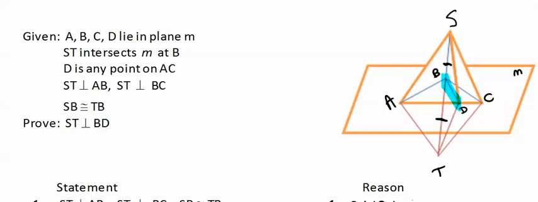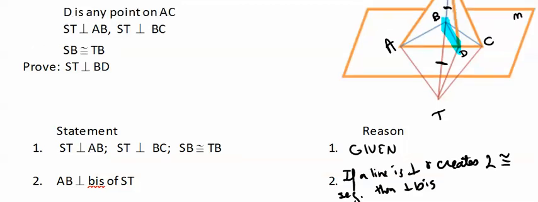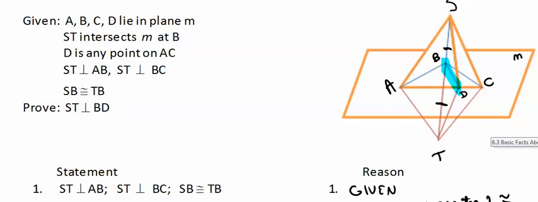And based just on those givens, we can then say that AB is a perpendicular bisector of ST, because we know that it creates two congruent segments, and we're given that the two lines are perpendicular. Now, based on being a perpendicular bisector, look at the figure and think about the equidistance theorem and what kind of things can be created from it.